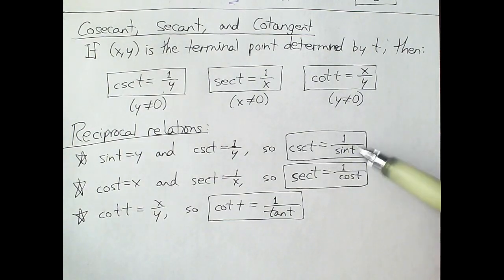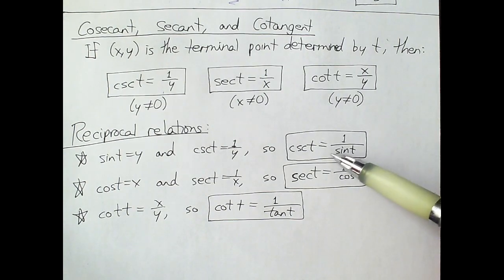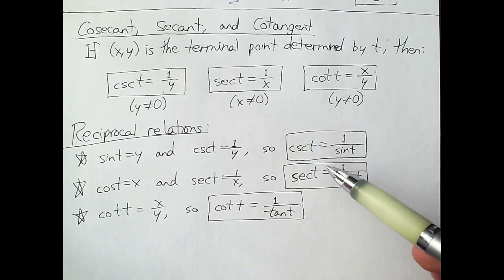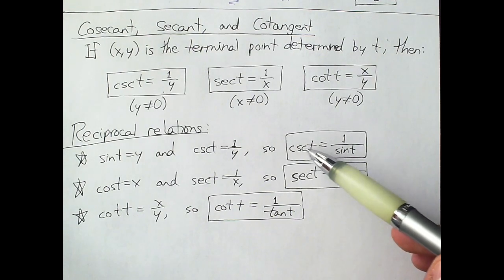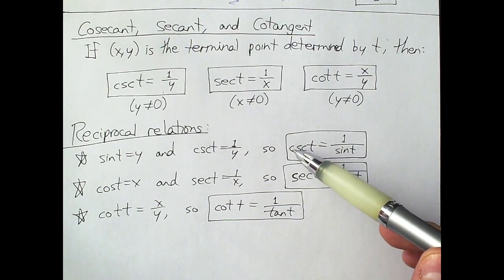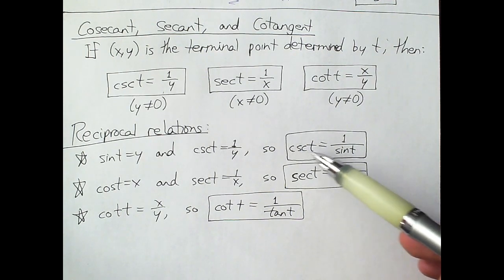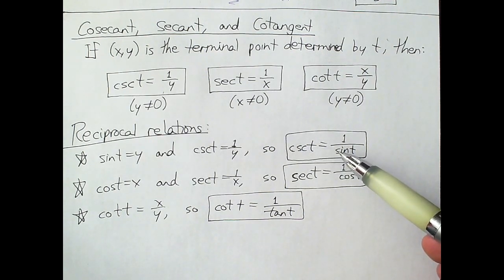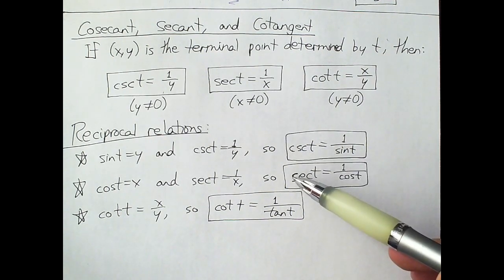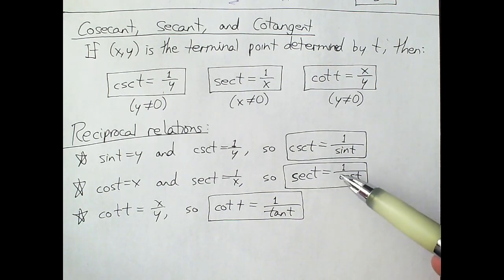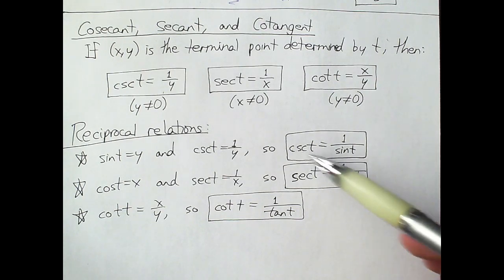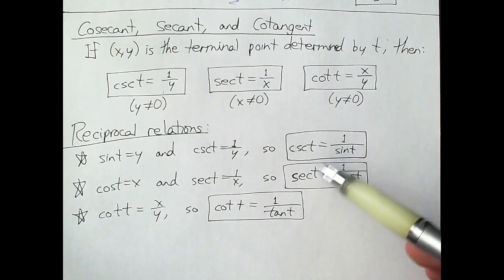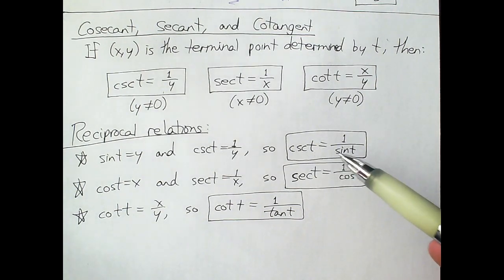So looking at these reciprocal relations, I think a way you can remember it, I don't know if this helps or not, but cosecant starts with a C, but it actually goes with sine that starts with an S. Secant starts with an S, but it actually goes with cosine, which starts with a C. So you might remember that these ones are a little backwards if you're trying to go by the alphabet.